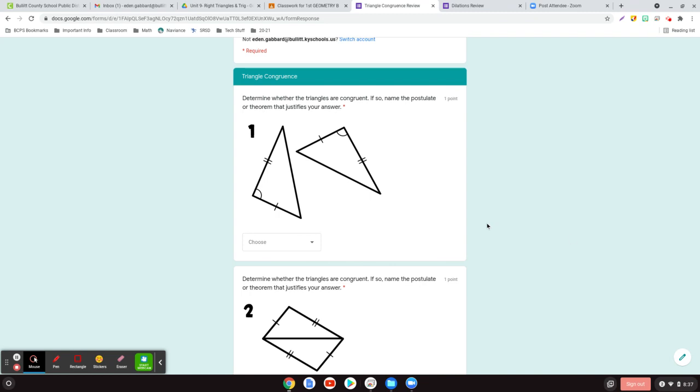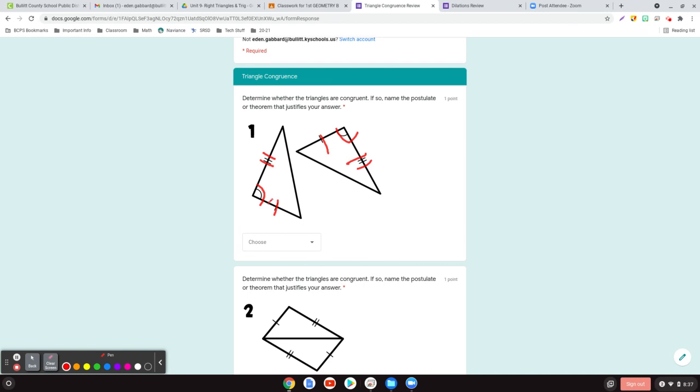So let's look at number 1. We have 2 triangles. We can see that these 2 sides are marked as congruent. These 2 sides are marked as congruent. And this angle. So we have 2 sides and an included angle.